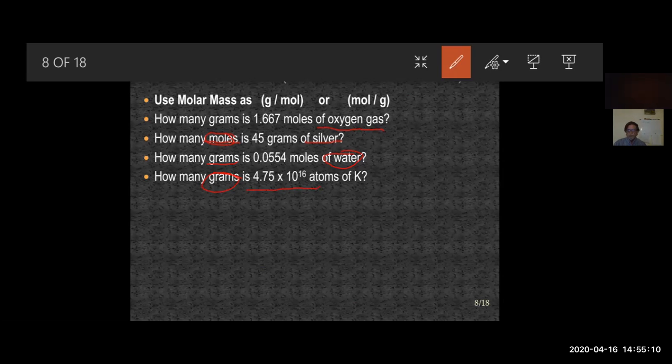Here you think about the problem because you're starting with atoms of potassium, and the only way I can get to grams is to convert the atoms of potassium to moles of potassium. For all these calculations, we have to get to moles before we can go from left to right or right to left. And then we use the atomic weight of potassium, which we get from the periodic table.